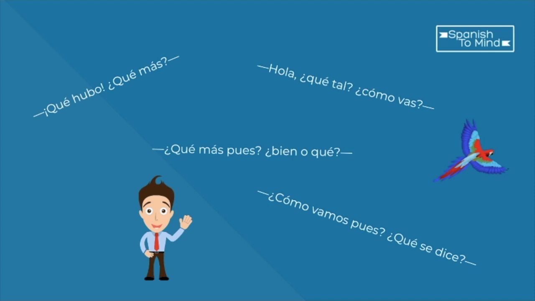But in Spanish, you could find Hola, ¿qué tal? ¿Cómo vas? ¿Qué hubo? ¿Qué más? ¿Qué más pues? ¿Bien o qué? ¿Cómo vamos pues? ¿Qué se dice? Just have in mind that there's a lot of redundancy when saying hello. So next time you talk to a Colombian, you're gonna be prepared, you're gonna be ready for those phrases, and you're going to understand them instantly whenever you hear them.